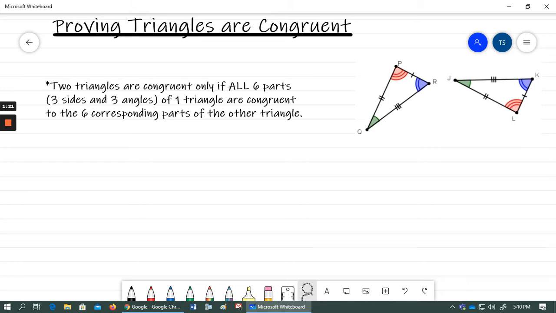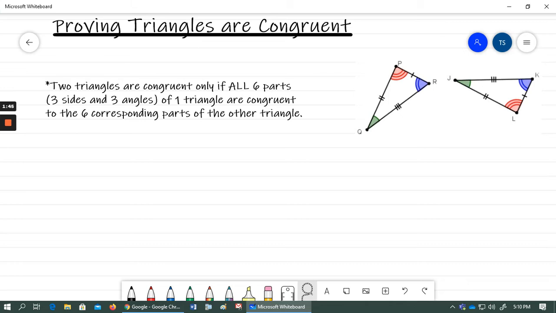Alright, so folks, 2 triangles are congruent only if all 6 parts, and when we say all 6 parts, we mean the 3 sides of a triangle and the 3 angles of a triangle, of one triangle are congruent to the 6 corresponding parts of the other triangle.